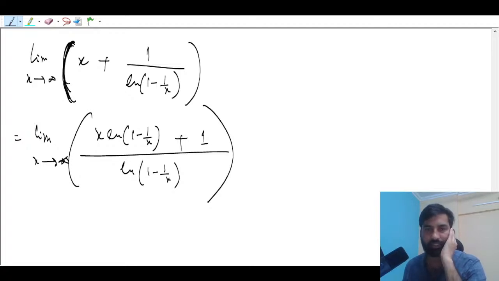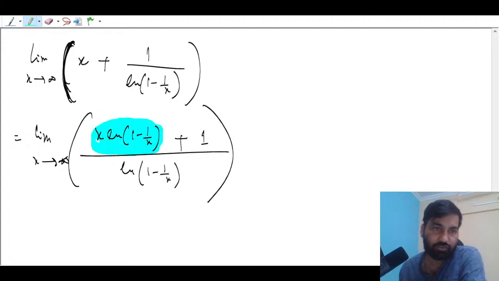Now what we can do here is you need to think about it. If you take this x, you need to solve this part first.